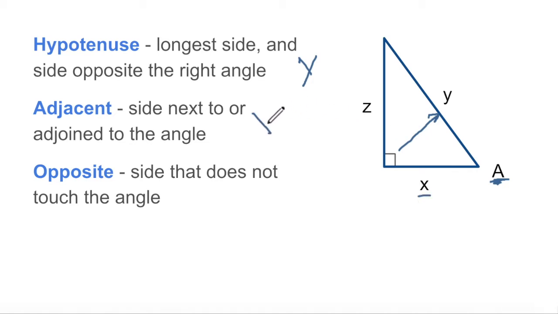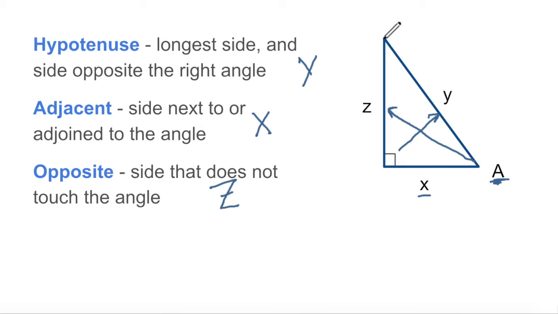So here, if we're referencing angle A, x is adjacent to it. And which side is opposite? That means the side that does not touch the angle. So which side is opposite angle A? On the far opposite side of the triangle is side Z. So in this example, in relation to angle A, side Z is opposite, side X is adjacent, and side Y is our hypotenuse.